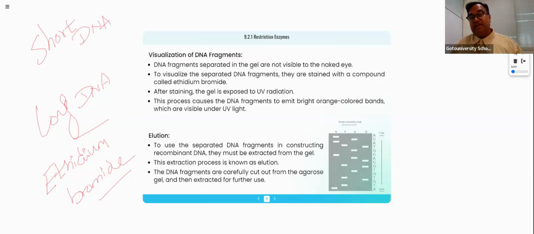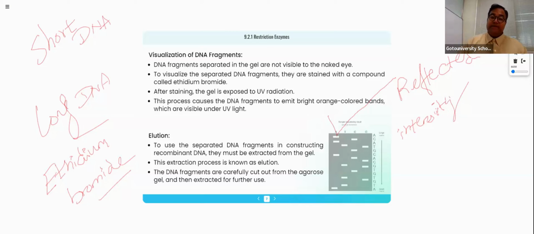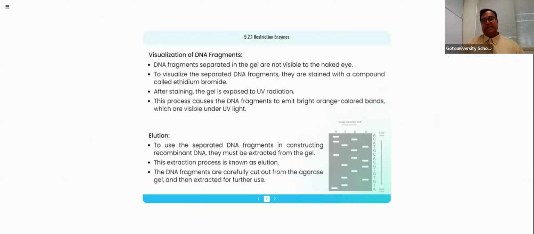After coloring the DNA, we make the DNA move in the gel, and then over the colored DNA we pass the UV light and get the reflected intensity, right? So the reflected light is measured, and by that we understand the DNA fragment length.